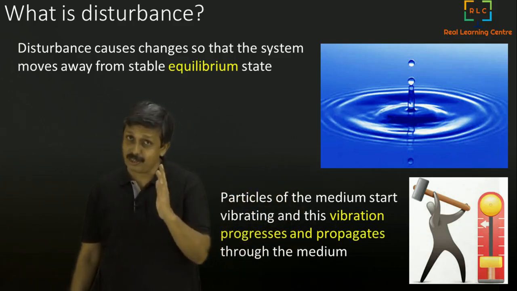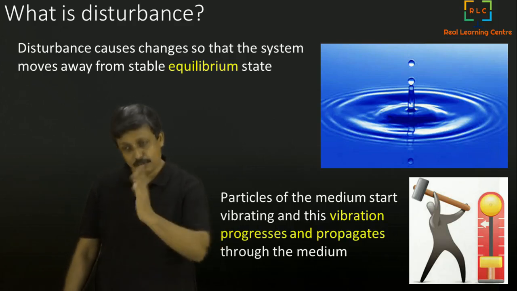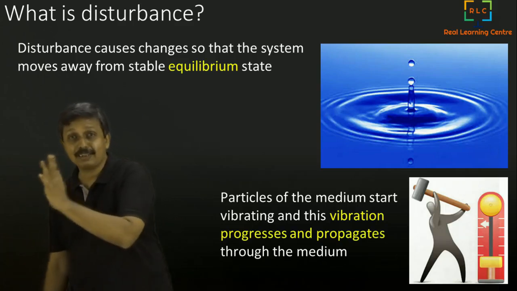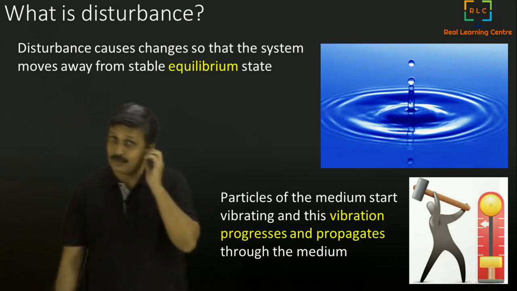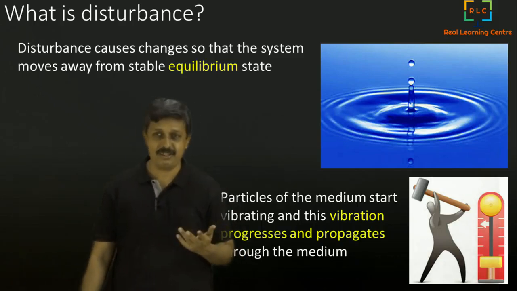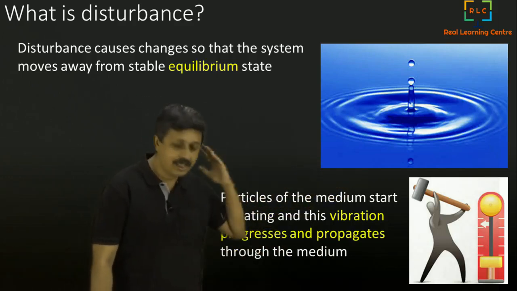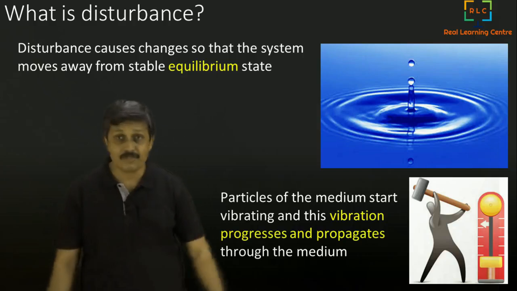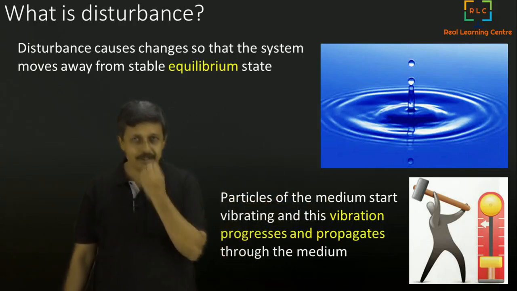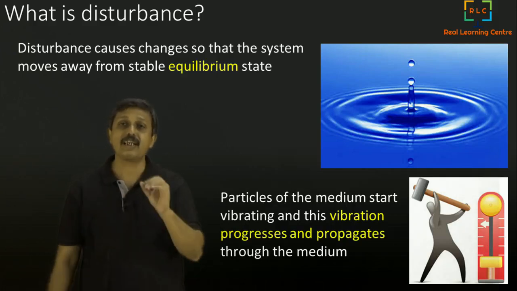That vibration causes vibration of air molecules, and those molecules make the other molecules vibrate. Like that the wave propagates. It's a sound wave, and it comes to your ears, and it makes your eardrum vibrate. The sound wave has moved from there, but all of it is because of the cause. Without vibration, there is no wave. So vibration is the root cause of any kind of wave.